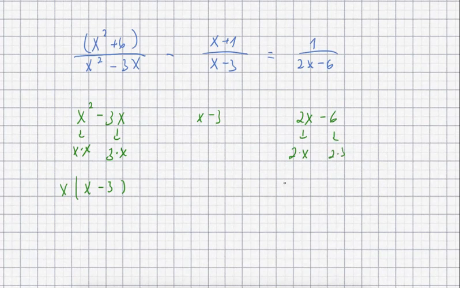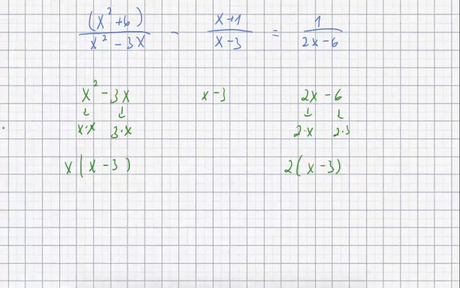So 2 on the outside, and then x minus 3. Yes. So the common one? X. Well, yeah. And then x minus 3. Copy and then just add the 2. Yeah, perfect.